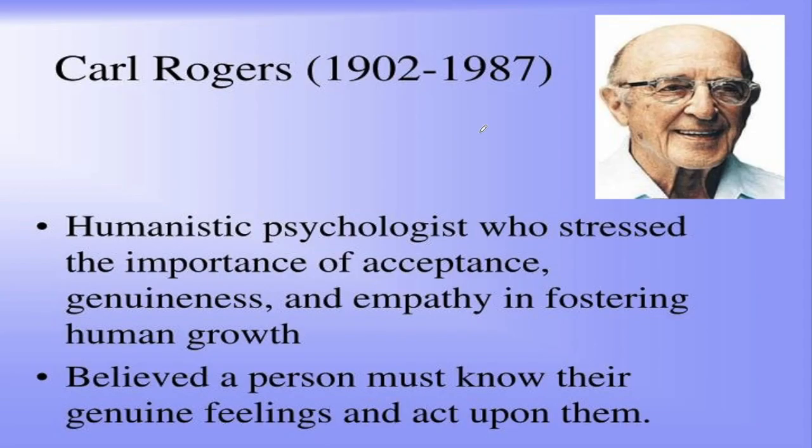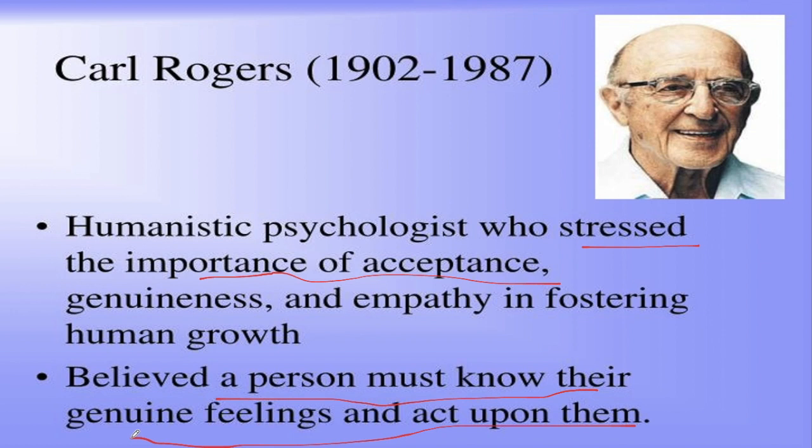Now we go to Carl Rogers. He was born in 1902 and died in 1987. He was a humanistic psychologist and he stressed the importance of acceptance. Actually, the theory of Carl Rogers is very similar to that of Maslow. The main focus is still that the child should reach self-actualization, but the emphasis of Rogers' theory is self-acceptance.